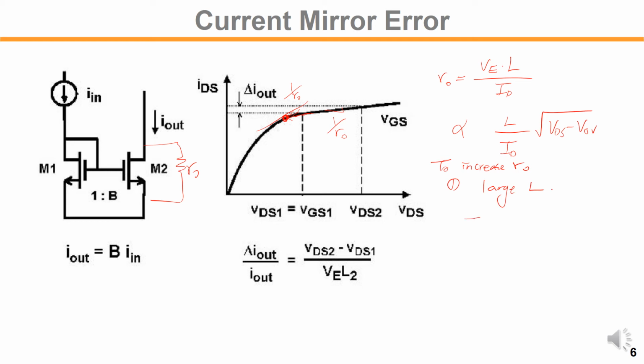But the large L results in what? A larger device size. Why?